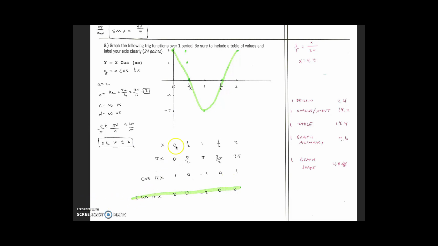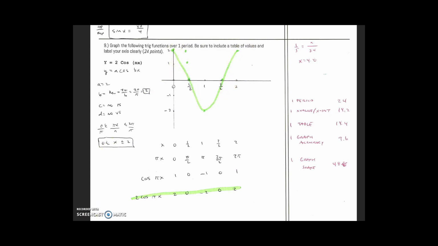And when I graph these, at 0 it's 2, at 1 half it's 0, right 1, down negative 2. Here's the ordered pair 3 halves, 0, so right 3 halves and then 0, stay, and then right 2, up 2. And there's my cosine.